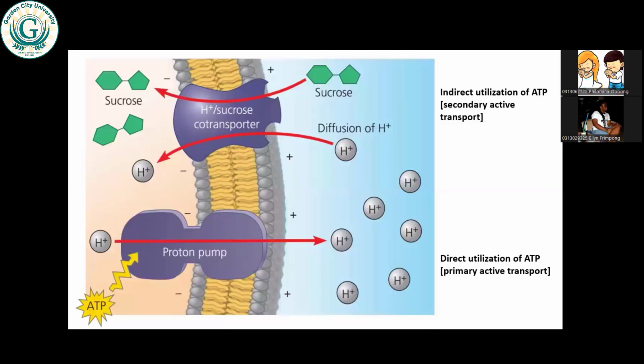All right. Let's take the last room, then we end the class here. The last room, room 4. Room 4, yours is on hydrogen potassium ATPase.